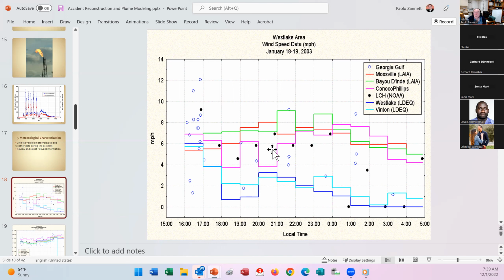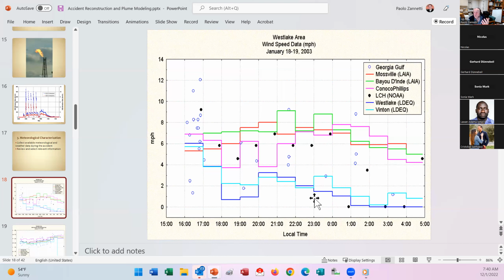I can choose the station that is the closest to my accident. I can do many things, but you have to make a decision. So you collect the meteorological data and you find something like that for wind speed. You cannot ignore it. You have to make a scientific decision on how to utilize this data to simulate the plume of your accident. It's not easy.